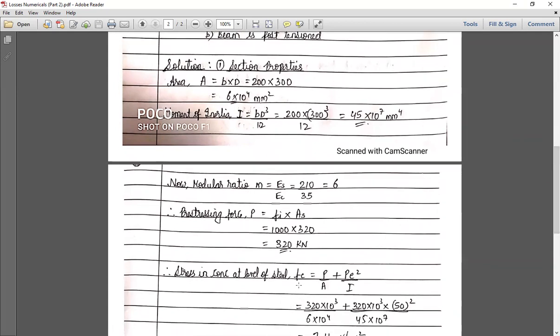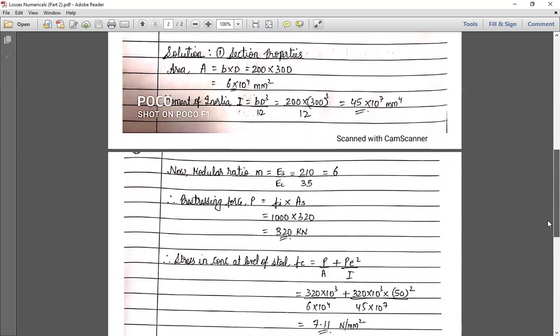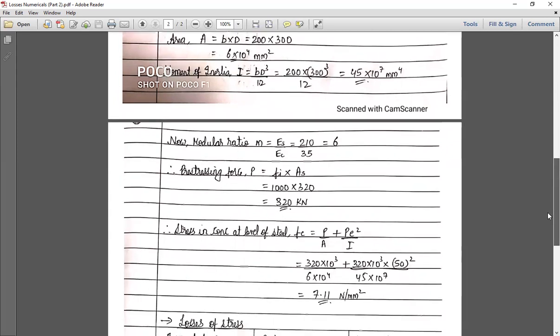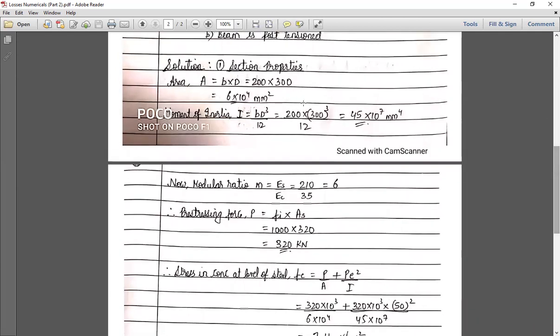Okay, so this we always require to find out the loss due to elastic shortening. Then FC is P by A plus P e square upon I. So this is nothing but 7.11. So once we get all the terms, okay, these are the required terms so that we can find out the losses. So first we'll find out that.